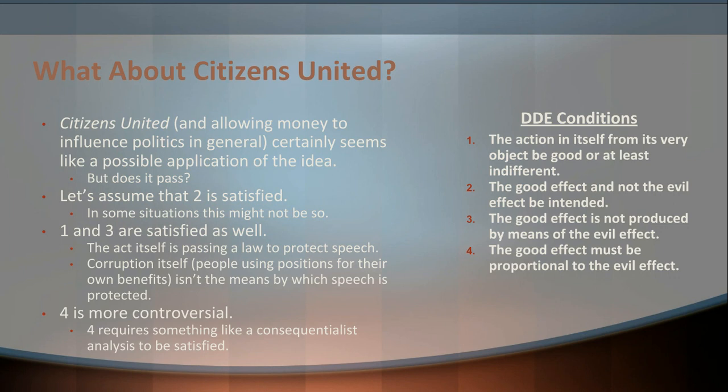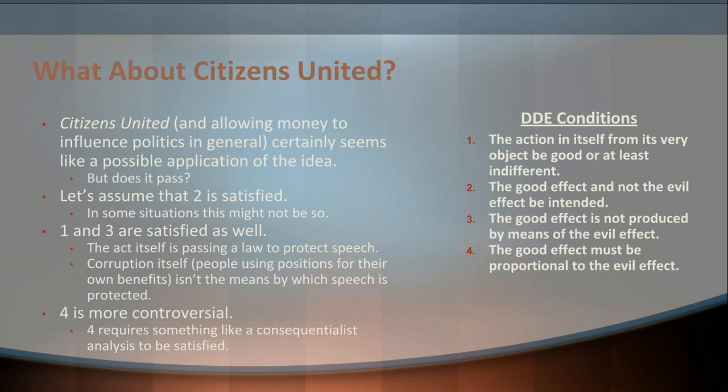Now, the last condition: the good effect must be proportional to the evil effect. Here we get something like the consequentialist analysis of values. Here we have to say that enough good is produced to make it proportional or worthwhile to allow the bad effect.